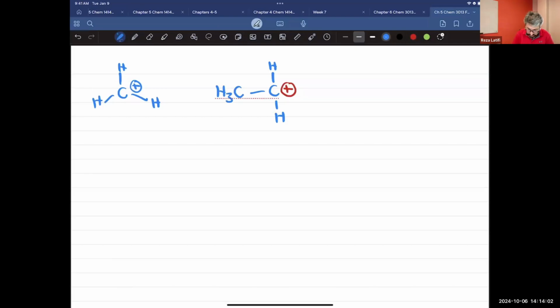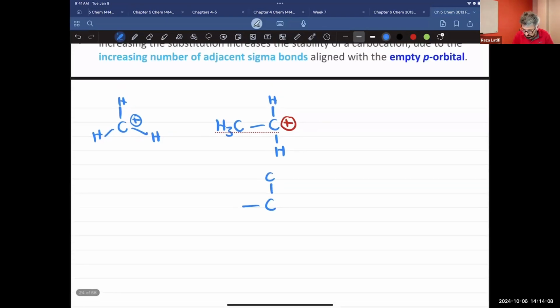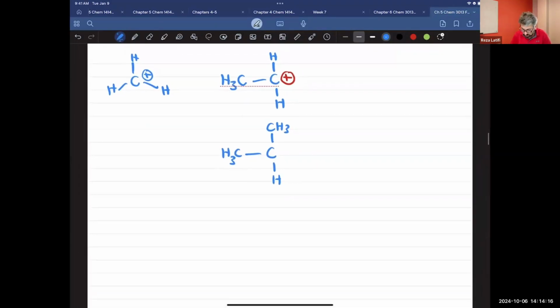Next, a carbon attached to 2 CH3 and 1 hydrogen. Next, a carbon attached to 3 CH3, and there is a positive charge, of course, on it.